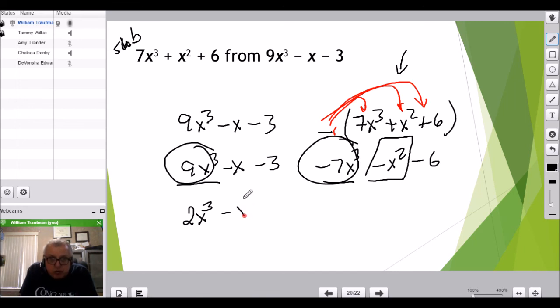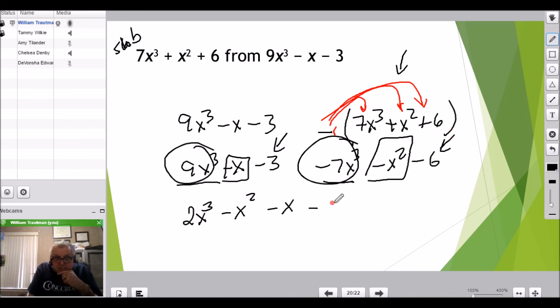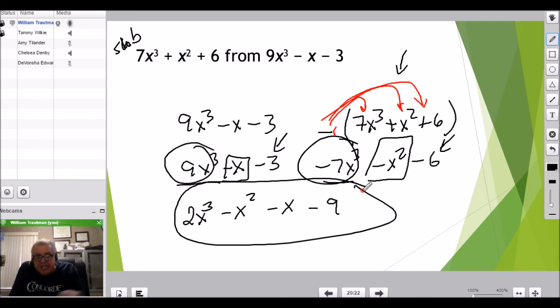You can't subtract x squares from x³s. They're not the same. So there's only one x squared. By the way, there's only one x also, x to the 1 power, so you have to put that separate. And then I have a minus 3 and a minus 6. Negative 3 and a negative 6 is a minus 9. And I'm done. You cannot add these because they're all different terms.